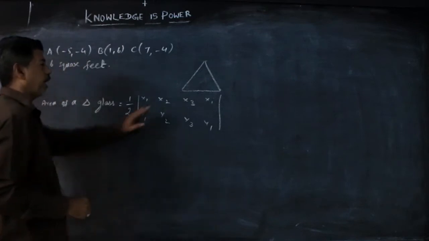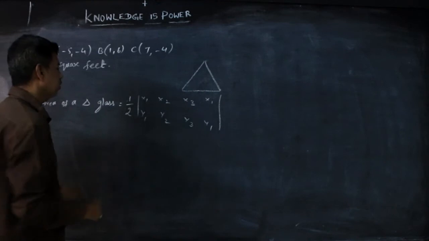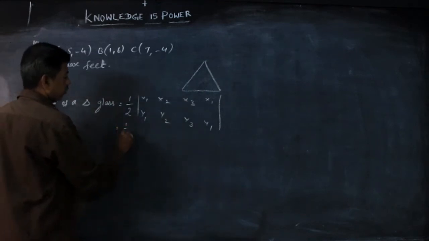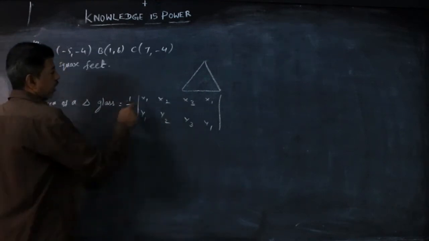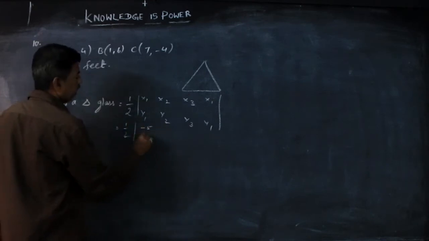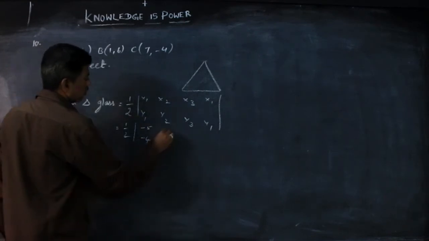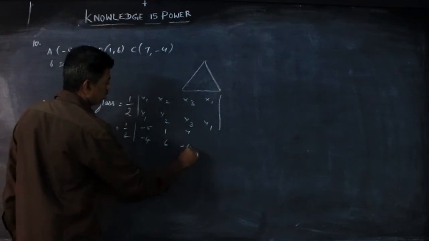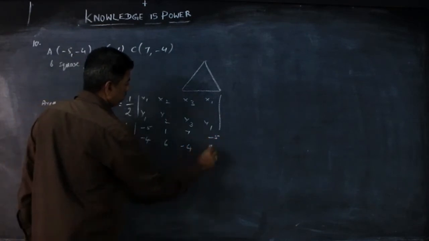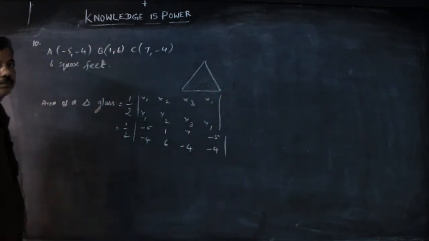If it is practice, no need to write this again; directly we can write the answer. So x1 y1 is minus 5, minus 4. The second one is 6, 7. Then comma minus 4, again minus 4, minus 5 and minus 4.